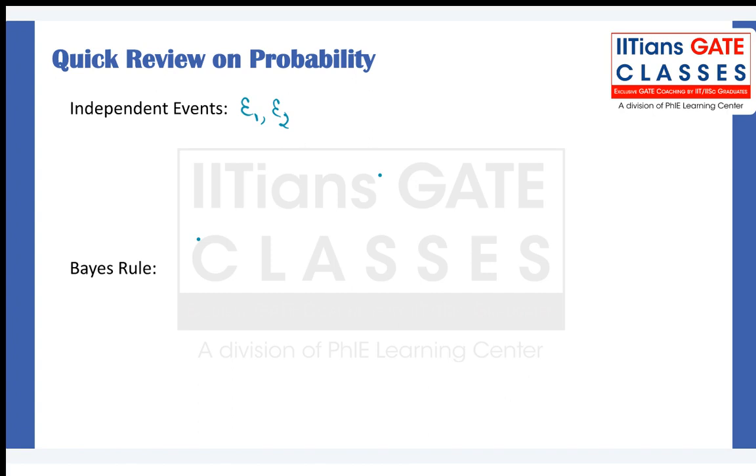No. So independent events means whatever is the outcome of one event is not affecting the other event. So the probability of E1 and E2 occurring together is the same as the probability that E1 occurred multiplied by the probability that E2 occurred.